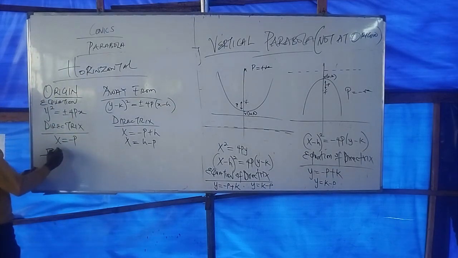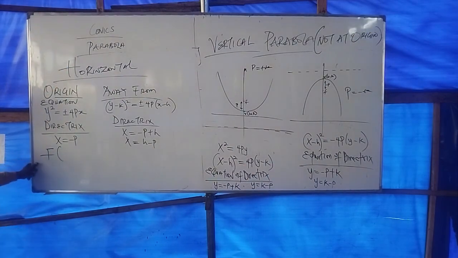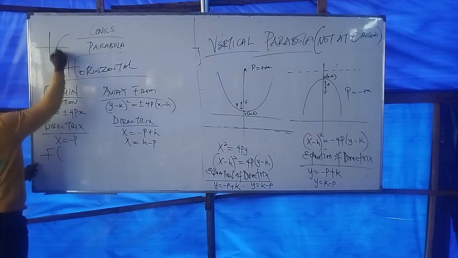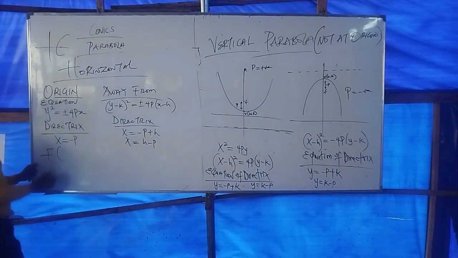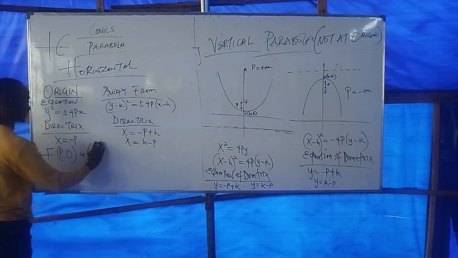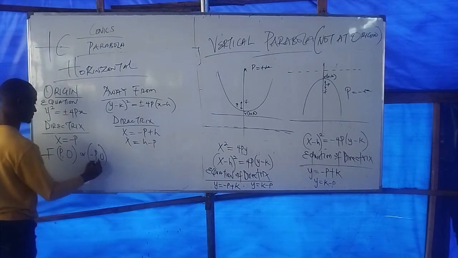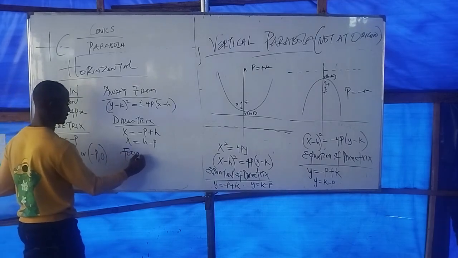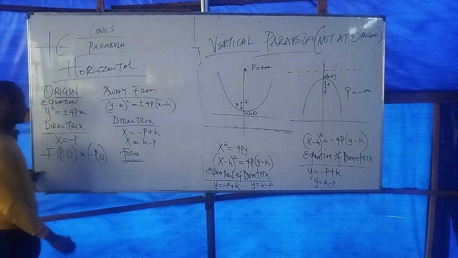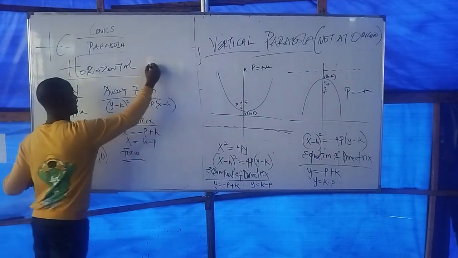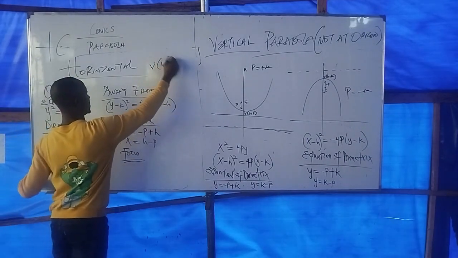For this, we define the focus as follows. When the parabola is in this way, our focus has a value on the x-axis, right? That means (p, 0) or (minus p, 0). Now let's define the focus for this parabola away from the origin. Don't forget that our vertex is always (h, k).